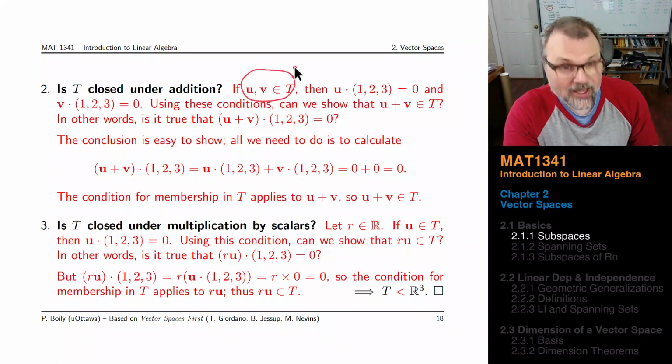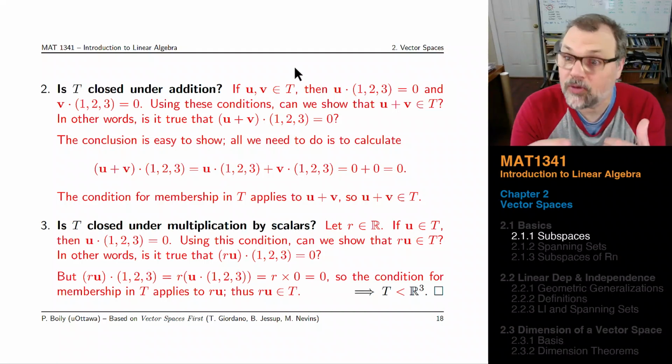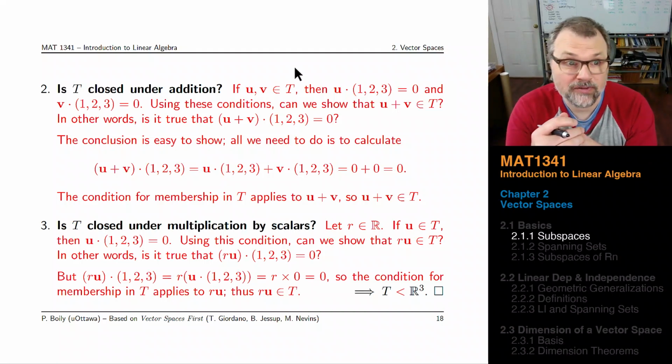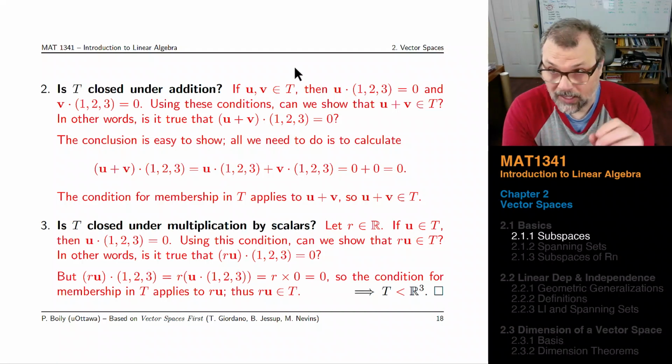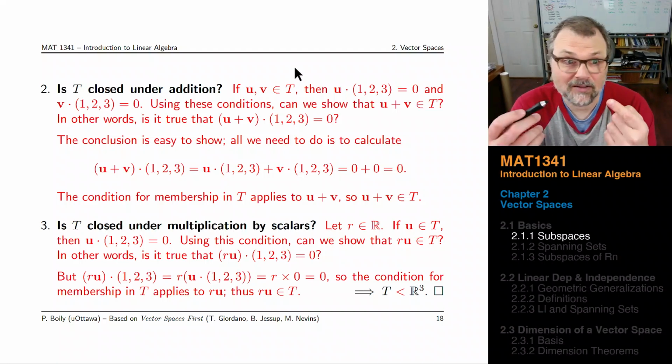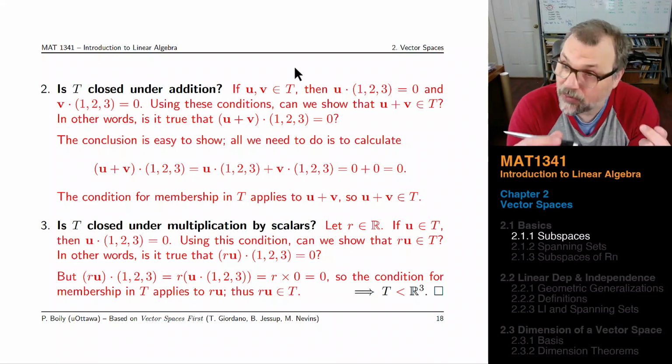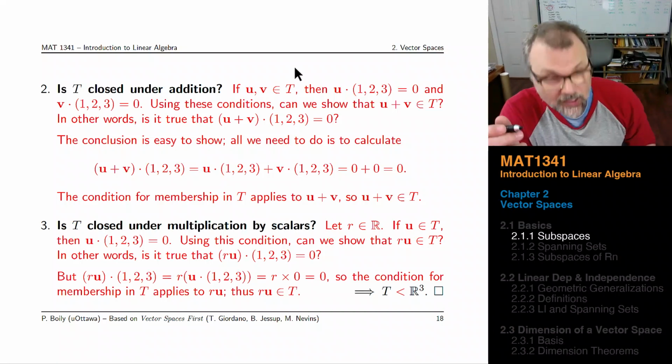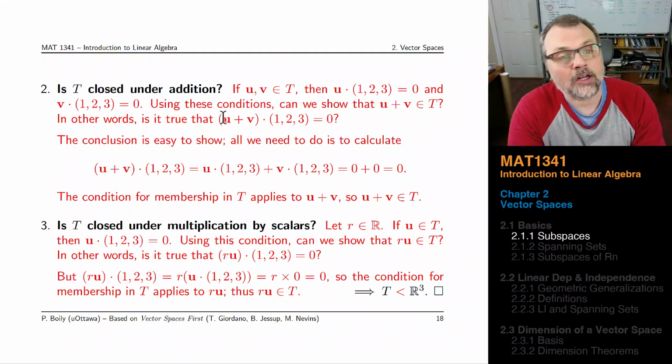So now we have a mathematical formulation to tell us that u and v are in T. And we want to show, assuming that it's a subspace and the subspace test will apply, that the sum u + v is itself in T. What does it mean for u + v to be in T? It means that the dot product of u + v with (1, 2, 3) should give us 0.